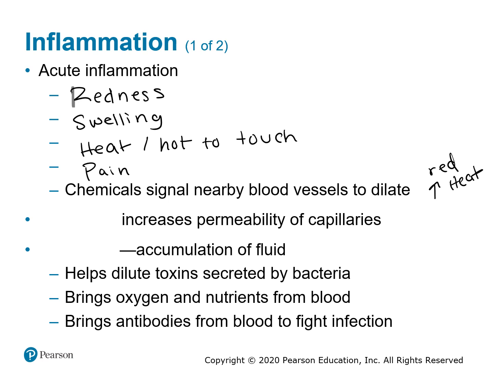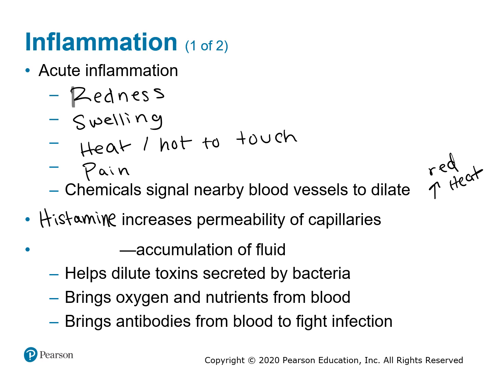There is a protein called histamine. We take antihistamines all the time. You have bad allergies, you're taking an antihistamine. Histamines increase the permeability of capillaries, okay?